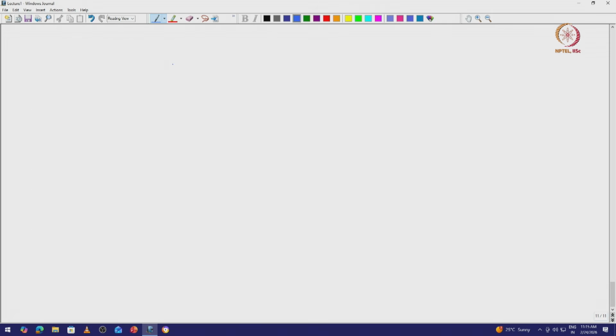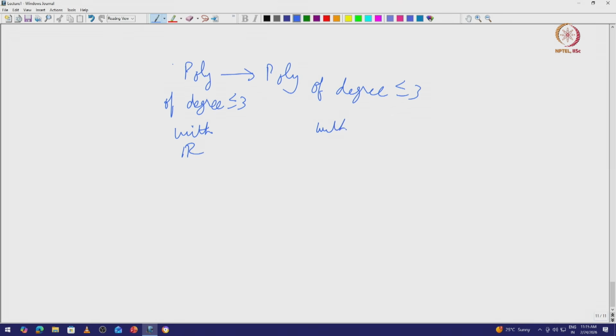If I take polynomials of degree at most, for the sake of argument, 3, with real coefficients, here's an example of a linear map. I can take a polynomial and I can differentiate it. Indeed, this is a linear map. Why is this a linear map? Please think about it.